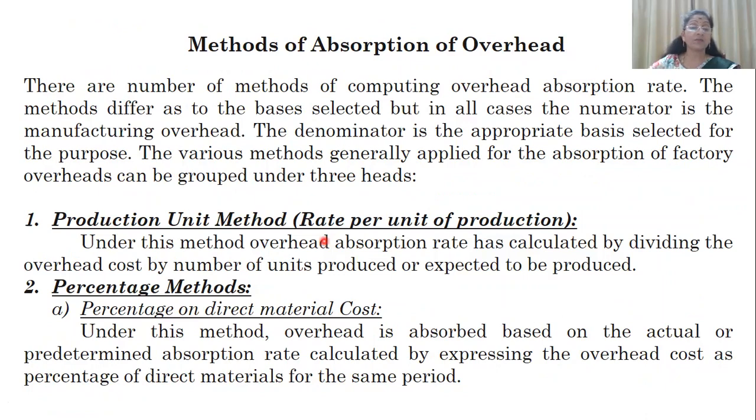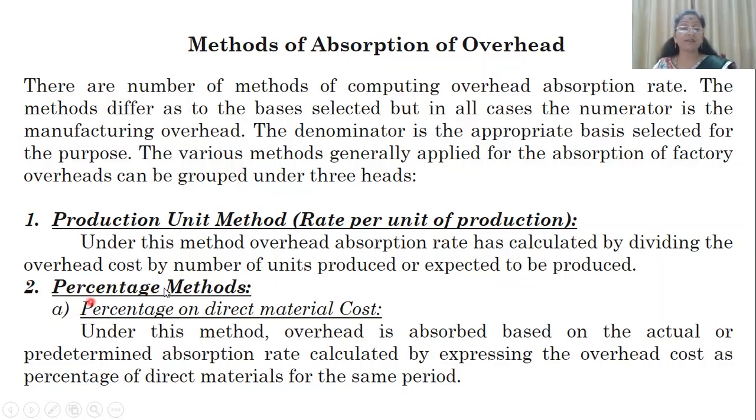First, the production unit method, the rate per unit of production. Under this method, the overhead absorption rate is calculated by dividing the overhead cost by the number of units produced or expected to be produced. This may be a future calculation also.